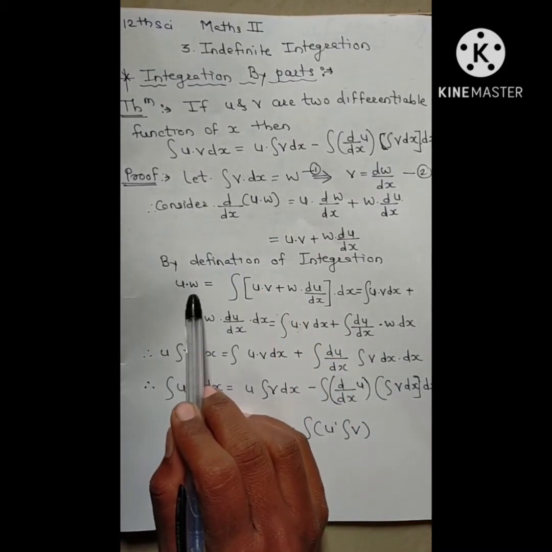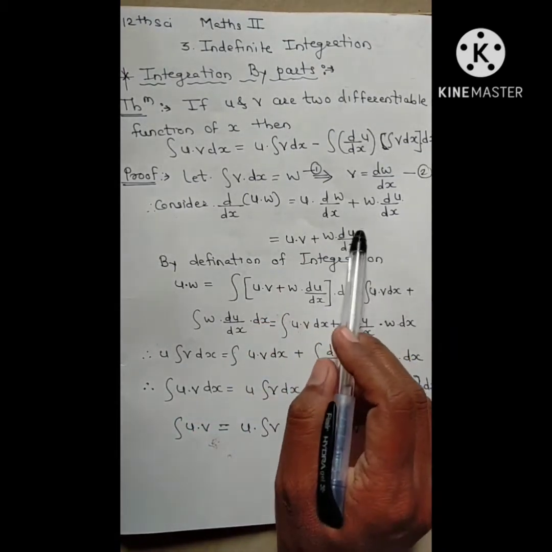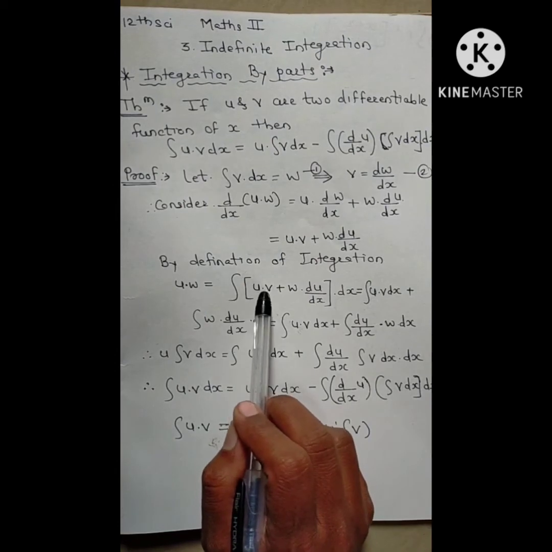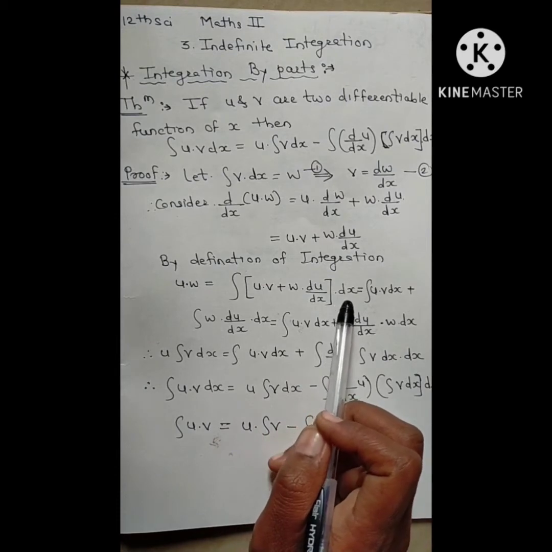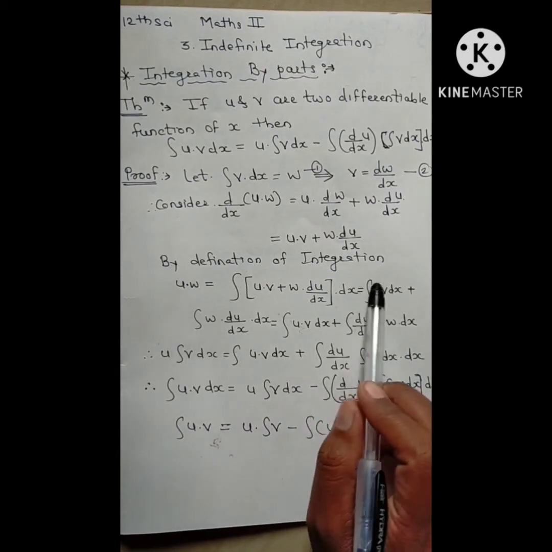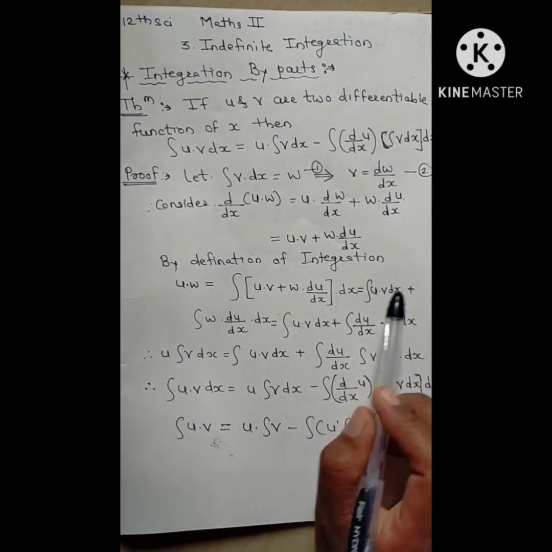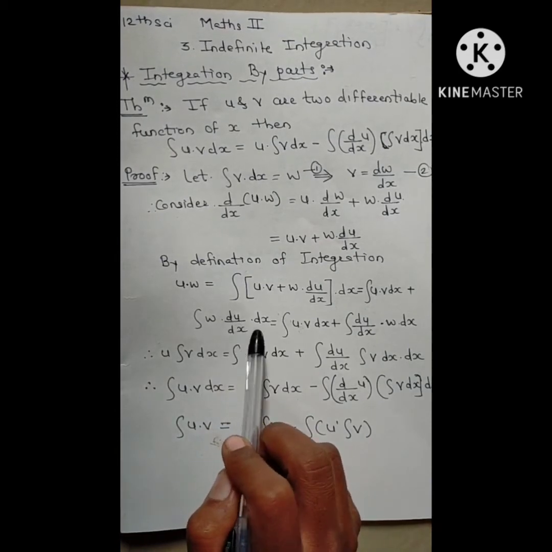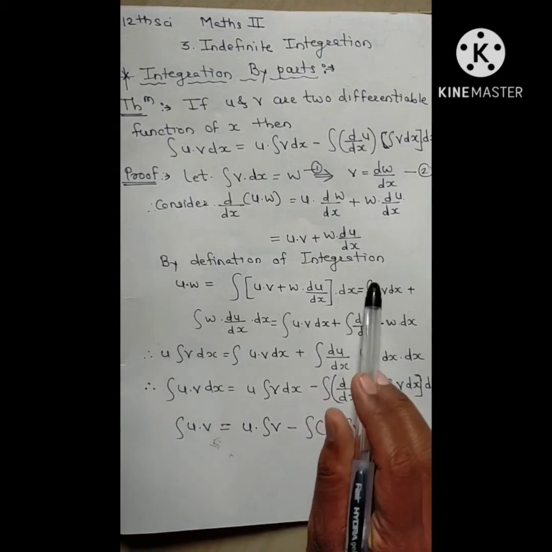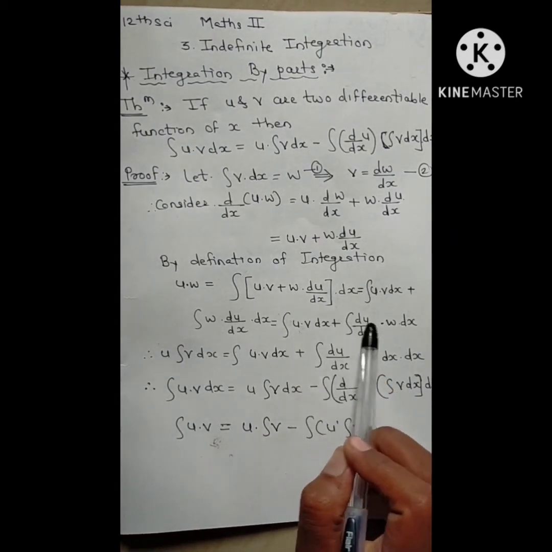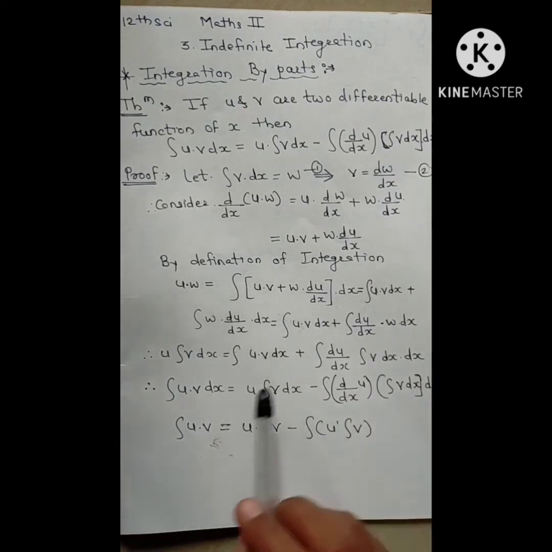We get u into w is equal to integration of u into v plus w into du by dx into dx, which gives, taking separate integration, integration u into v dx plus integration of w du by dx into dx, which is equal to this integration as it is plus integration du by dx into w into dx.